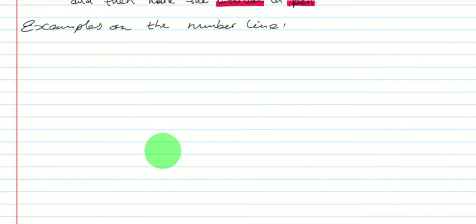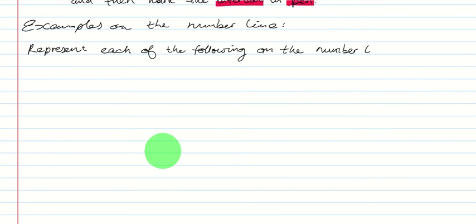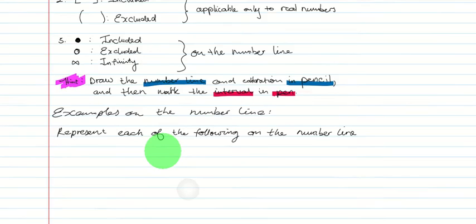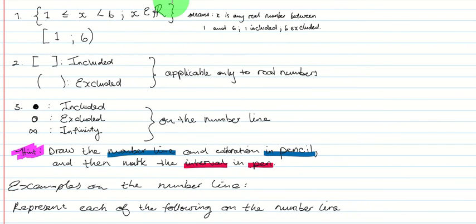The questions will be as follows, or it will sound something like this: represent each of the following on the number line. You're still writing there? All right, let's give you an opportunity to finish there quickly.